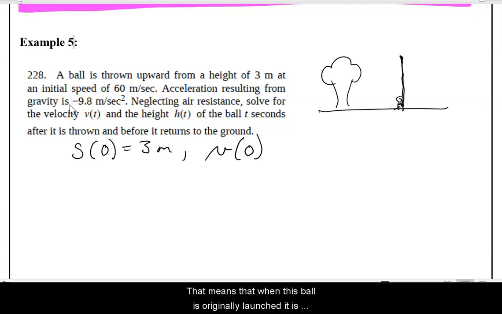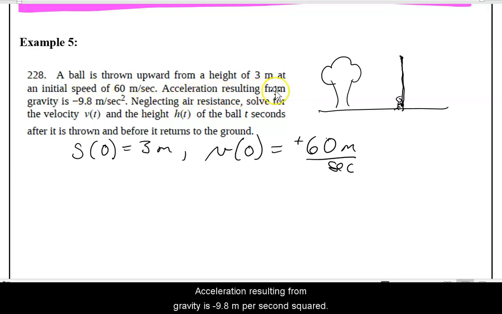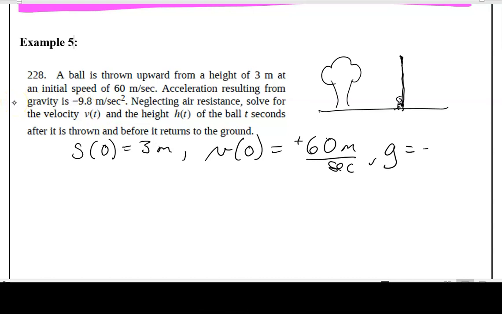That means that when this ball is originally launched, it is traveling at a positive 60 meters per second. The positive is because it is traveling up. Acceleration resulting from gravity is negative 9.8 meters per second squared. This is what we'll use for the gravitational constant.